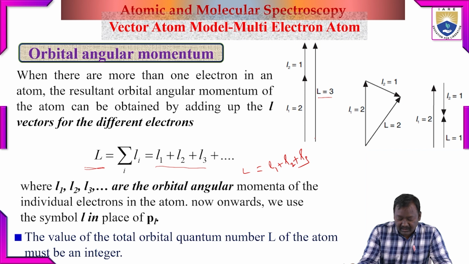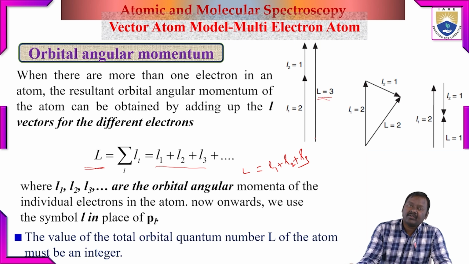Generally, the orbital angular momentum is represented by the orbital angular momentum quantum number L. So the resultant orbital angular momentum L is equal to 3 in this particular case.